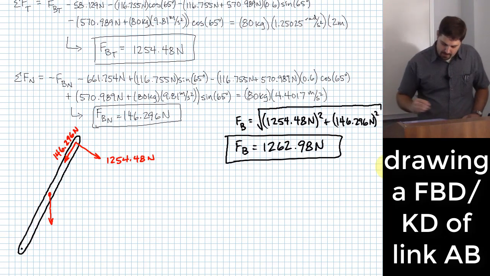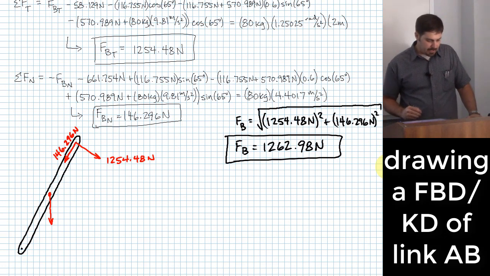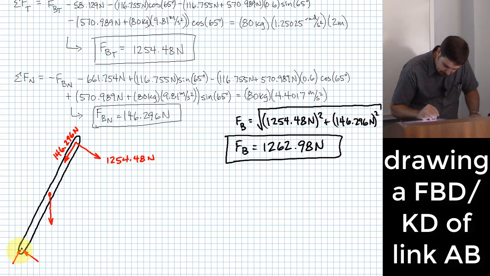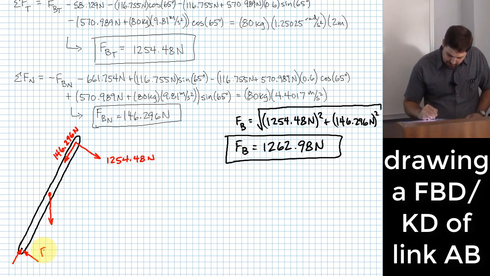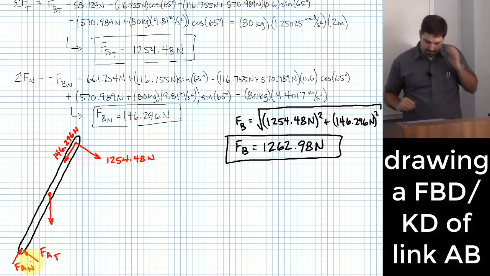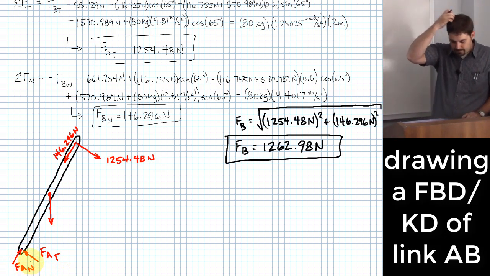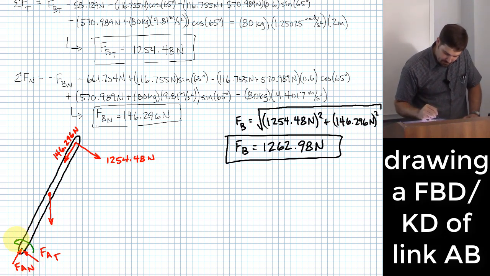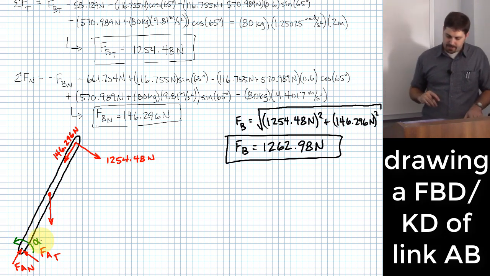Okay. And then I have my two forces that I have down at the bottom, right? We'll call that FAT and FAN. Okay, I know that I have an alpha around that center of rotation.